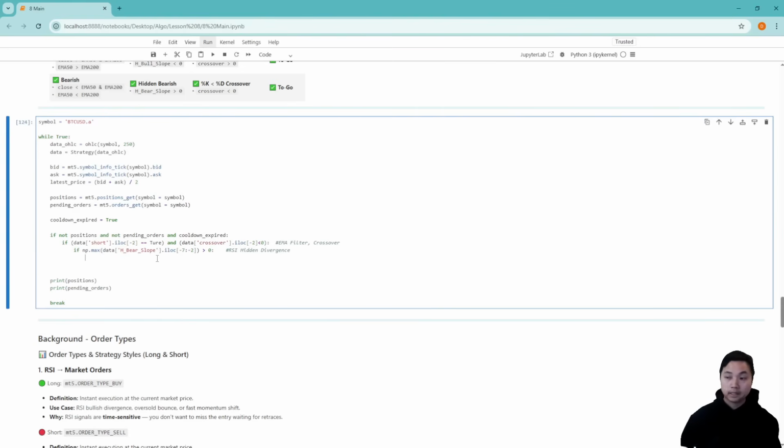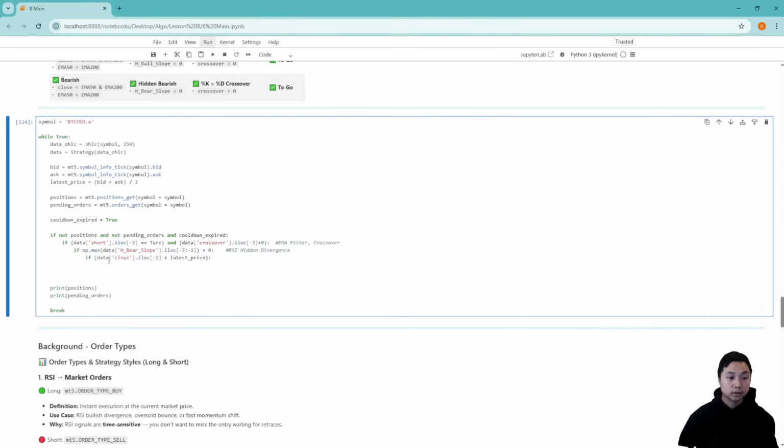And the final layer is a sanity check. We also like to make sure that the current close price, the latest price, is larger than the close price in the previous bar.